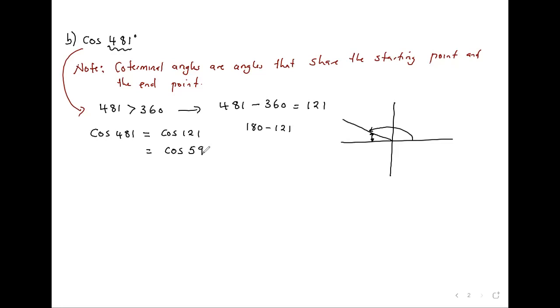So you indicate that this is now negative cos 59, negative because cos is negative in the second quadrant.